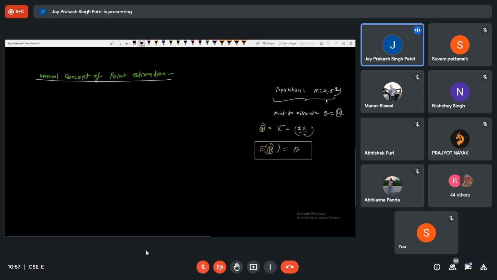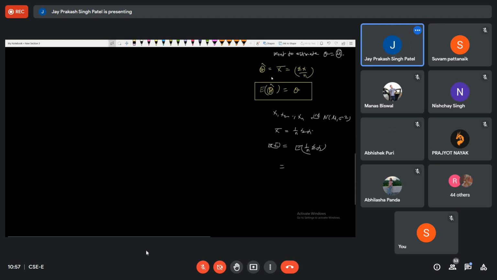And this thing happens here. You see, if x1, x2, xn is a random sample from the normal distribution with mean mu and variance sigma square, and we use x bar to estimate mean mu, then expectation of x bar is equal to expectation of 1 by n summation xi.